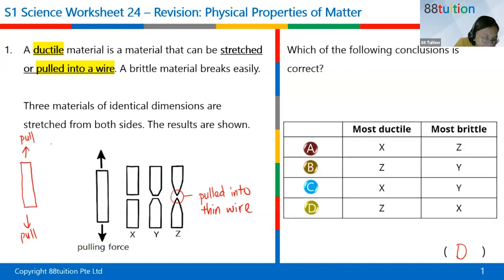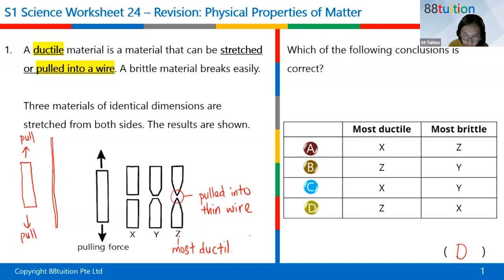Then when I pull it, it becomes something very thin. So I will say it's very ductile. It's a little bit like noodles. If you've seen noodles making, they pull the noodles, right? And then noodles become very, very fine bihun, very thin noodles. So it's that idea. Ductile means you can pull it into very, very thin wires. So Z is the most ductile.